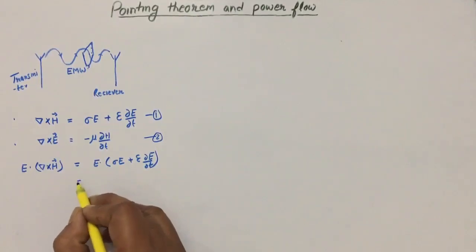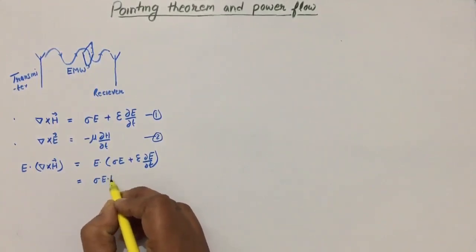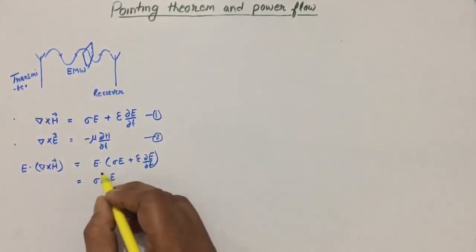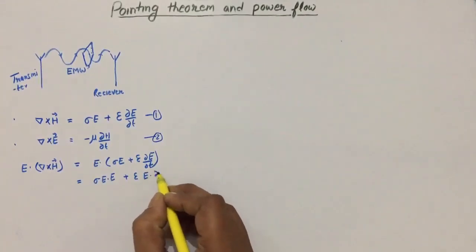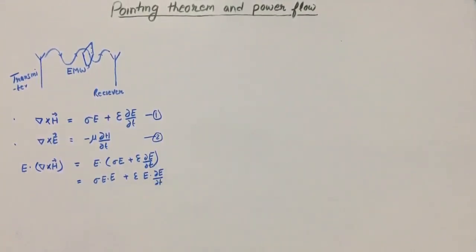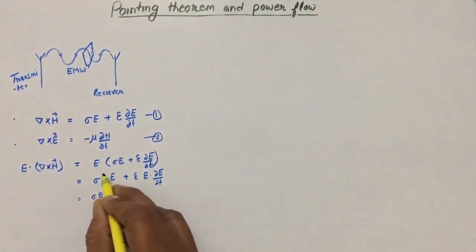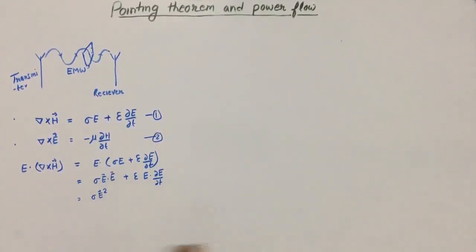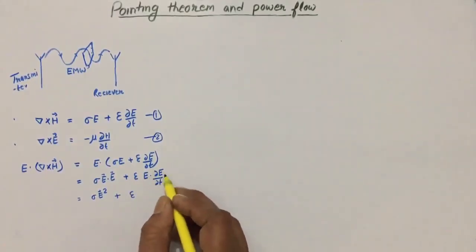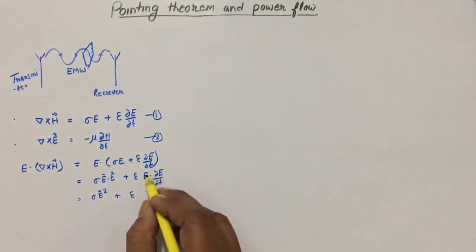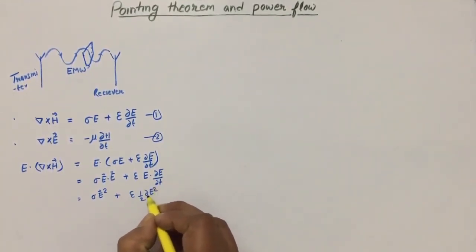Now this can be written as sigma E dot E, taking sigma outside, we can write like this, plus epsilon E dot del E over del t, and E dot E is nothing but E square, the absolute value, plus epsilon, if we bring it inside, then it can be written as half del E square by del t.